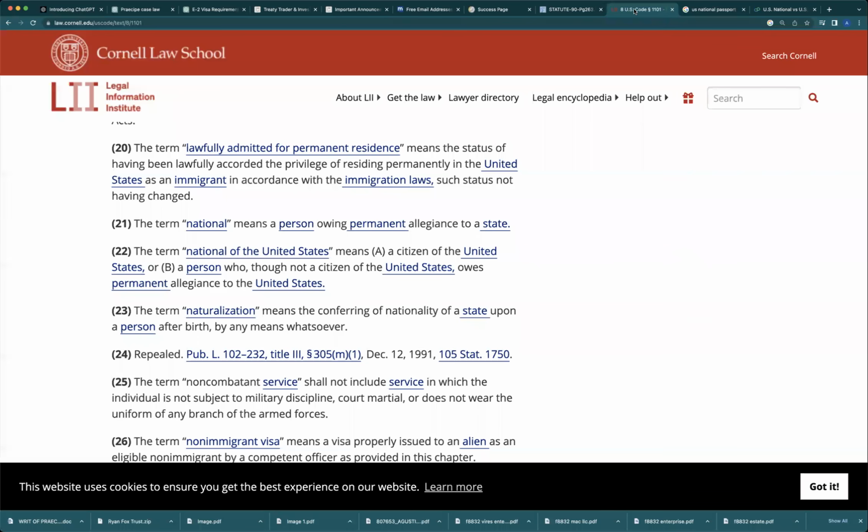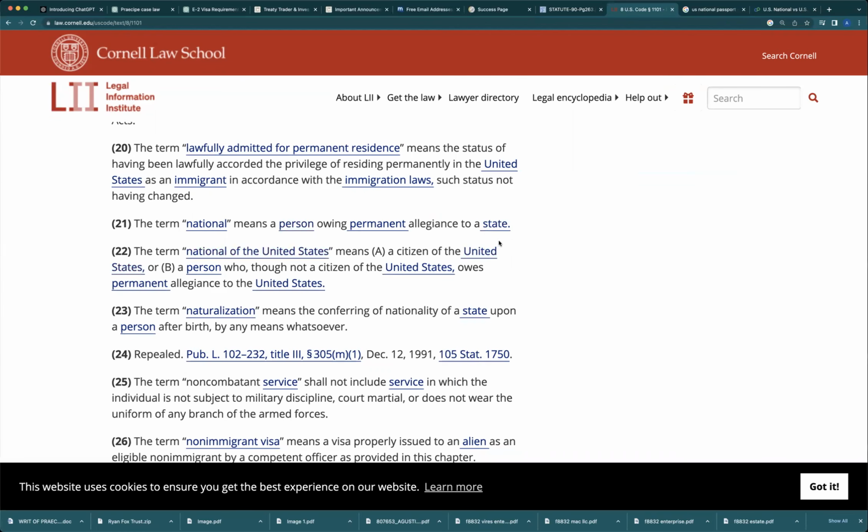Now let's go back. If we go above to section 21, it says the term national. This is not talking about a national of the United States. This is just national. What does that mean? A person owing a permanent allegiance to a state.